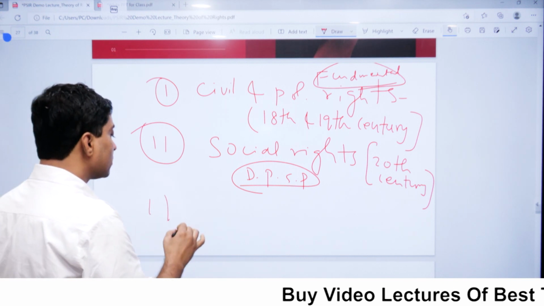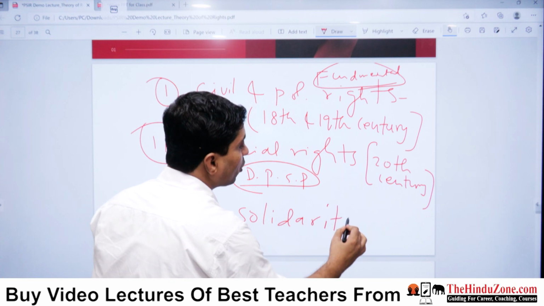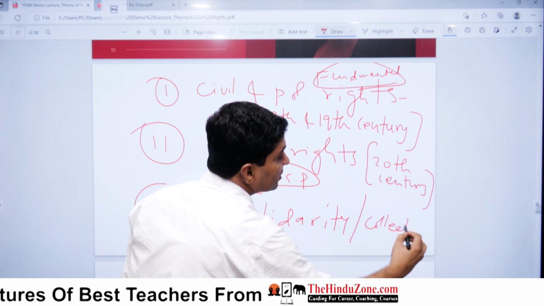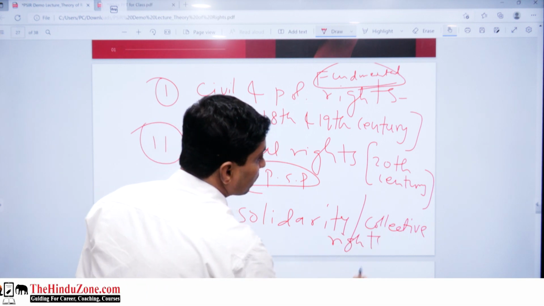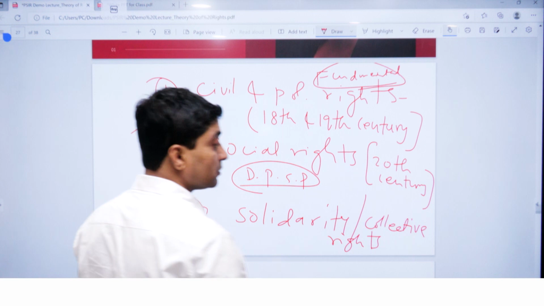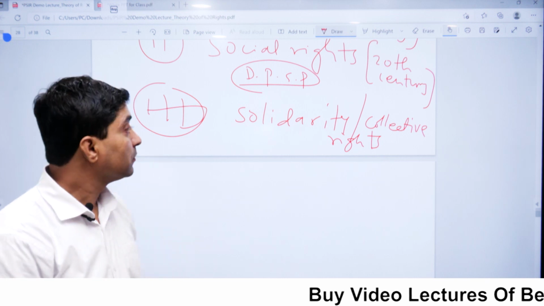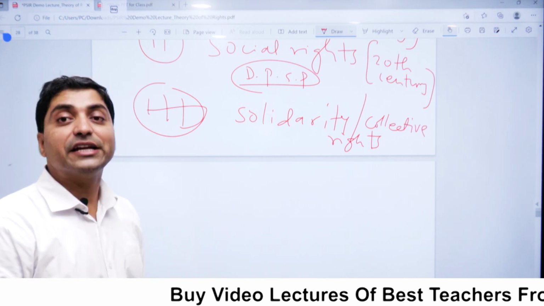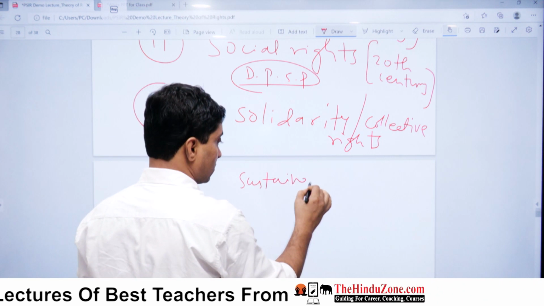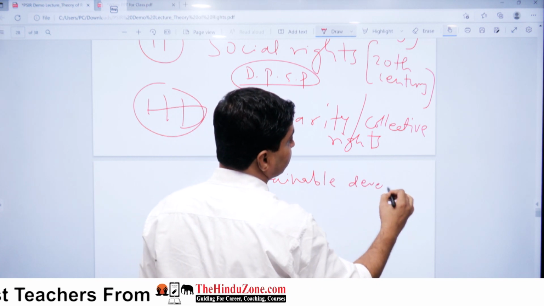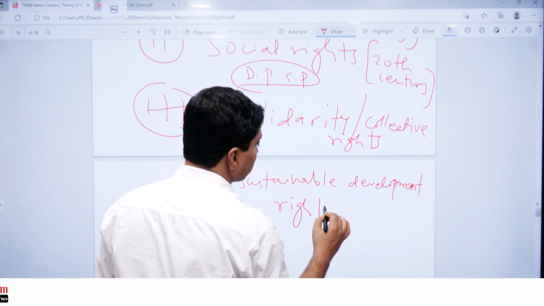Then third is solidarity rights. Solidarity or collective rights. This is the third generation of human rights. For example, right to environment. It is a collective one. It is important for everyone. Solidarity rights, right to environment, sustainable development rights, right?